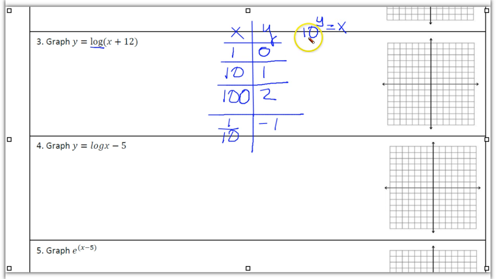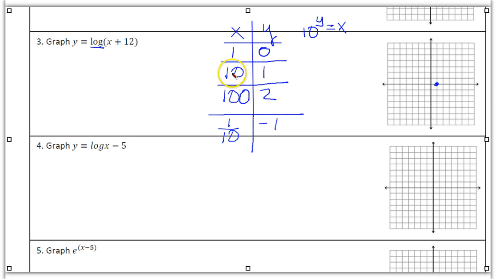And then 10 to the negative 1 is going to be 1/10. So we get an idea what this is going to look like. So at x is 1, y is 0 is right there.